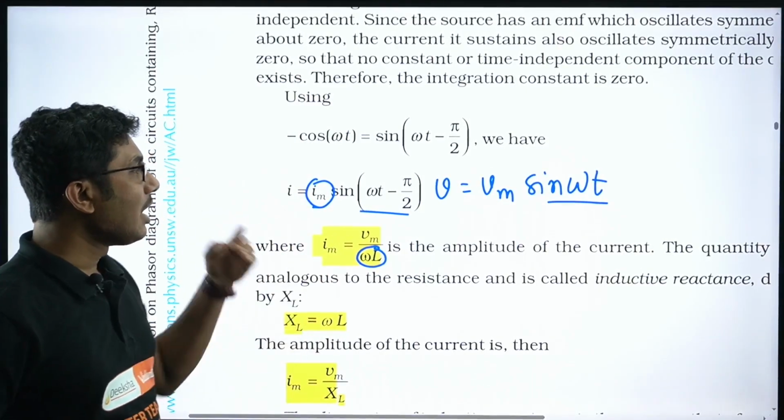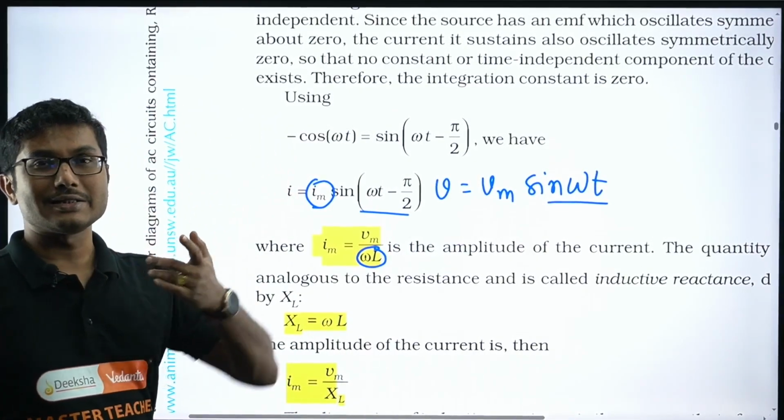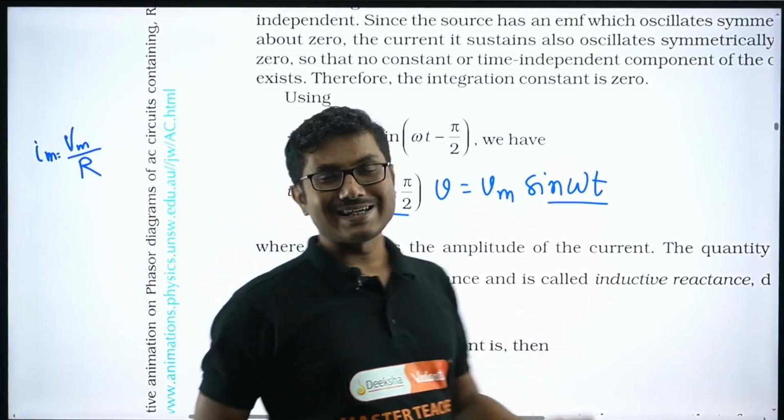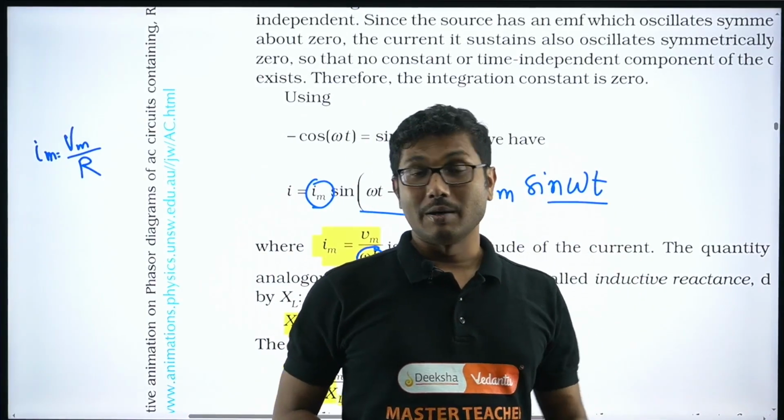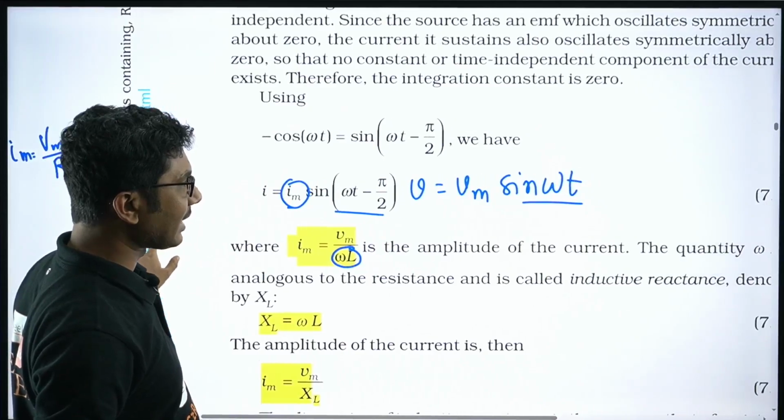That's why it is called inductive reactance. Inductive reactance is a kind of resistance, but it is only active in an AC circuit, and it is offered by an inductor.